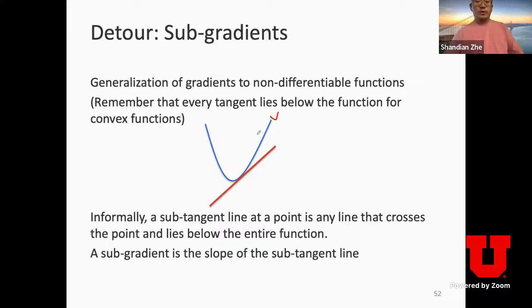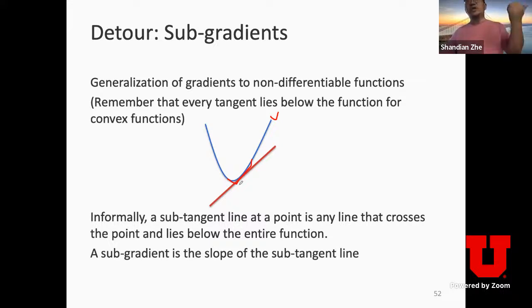Suppose I have a sharp turning point here. You actually do not have the gradient, but it looks like you can still draw some line. Of course, it's not a tangent line, but this line can still lie below the whole function body.